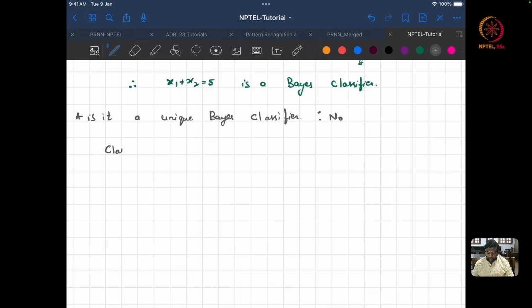Let's say that I have classifier 1: decide y is equal to 1 for all x belonging to region 1, 2. Then the risk involved with this particular classifier will be 1/8.